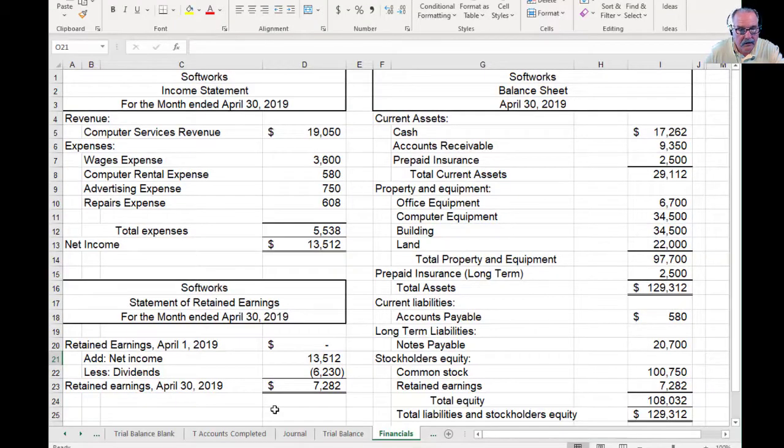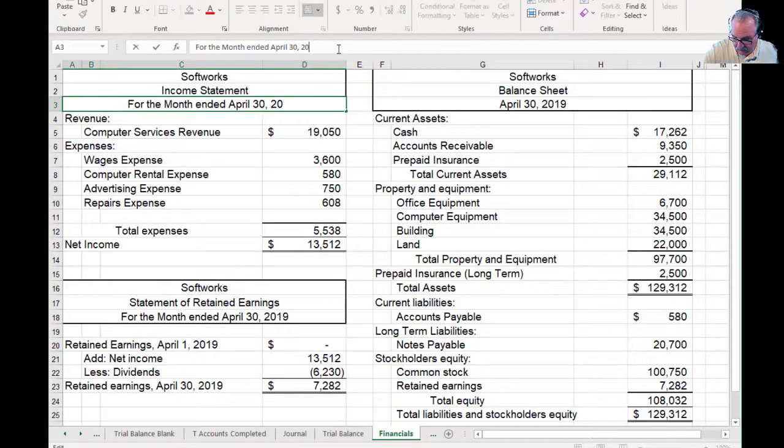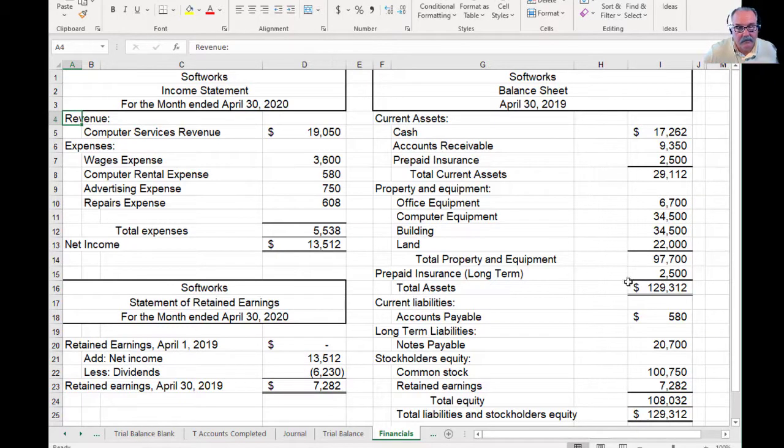they will look like this. And again, I'm going to change this to 2020. But I want to point out a couple of things that are important on preparing financial statements. First of all, we have to do them in this order.